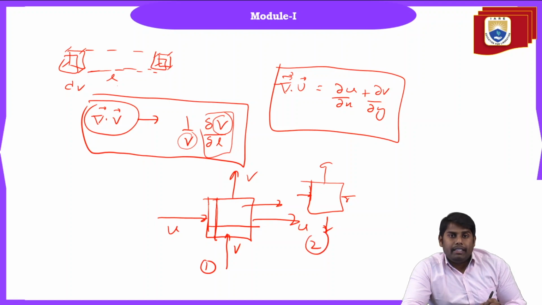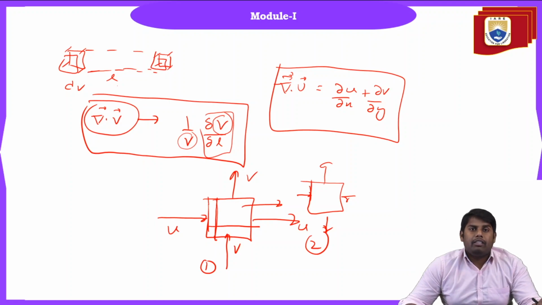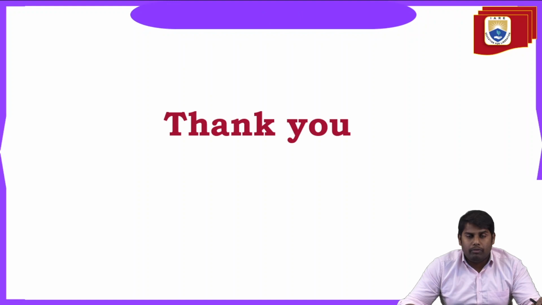So basically the significance of divergence is to evaluate the change of control volume per unit volume for the direction. So this is the basic significance of the divergence of the control volume, and the divergence is actually seen in different aspects.